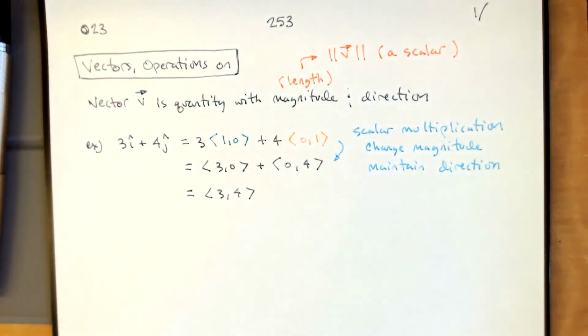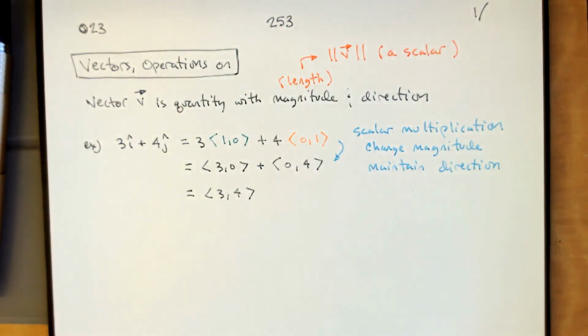And that's vector addition. We just add the corresponding components. Here we only have 2 because I'm about to draw this. But if we got 3 entries, we just add the corresponding components. If we have 4 entries, we just add the corresponding components.